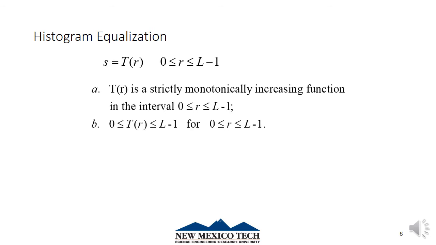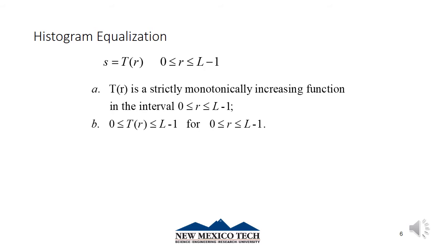So here we have 2 points. Number 1, the transformation applied on the input values R is a strictly monotonically increasing function. Monotonically increasing means that as we apply this function to all pixel values from pixel number 1 to the last pixel, we are moving towards the right, and while moving right we are increasing the intensity values.